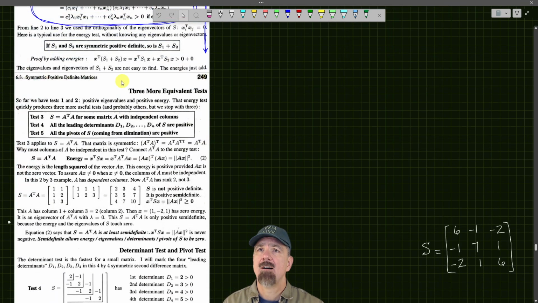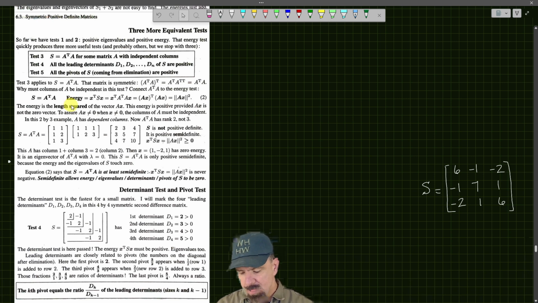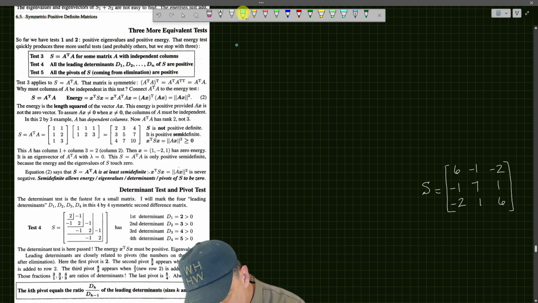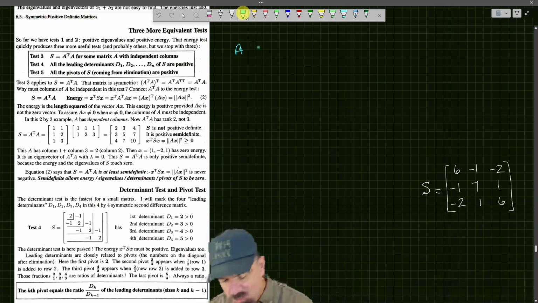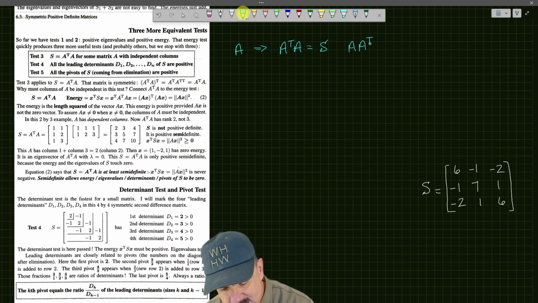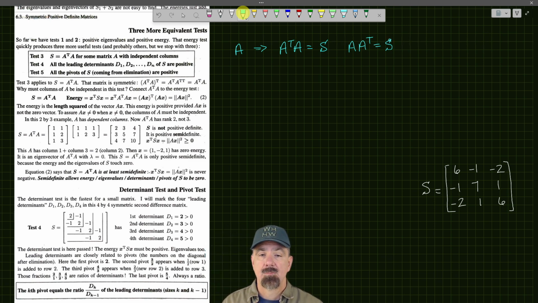So moving on, we have 3 more tests. Test number 3 is, and we'll finish up with this near the end, but let me just write it down. We know that given any A, and we just talked about this, A transpose A is symmetric, and A A transpose is symmetric. It does not matter what the dimensions of A are.